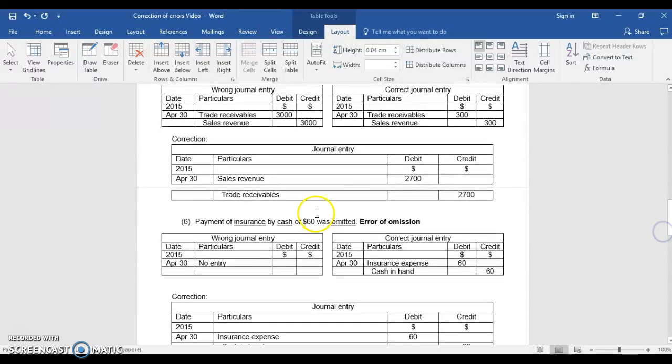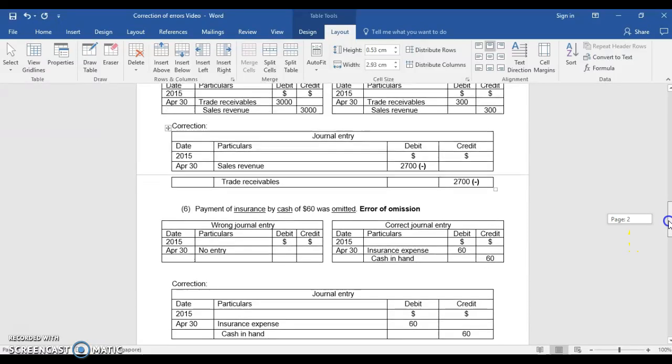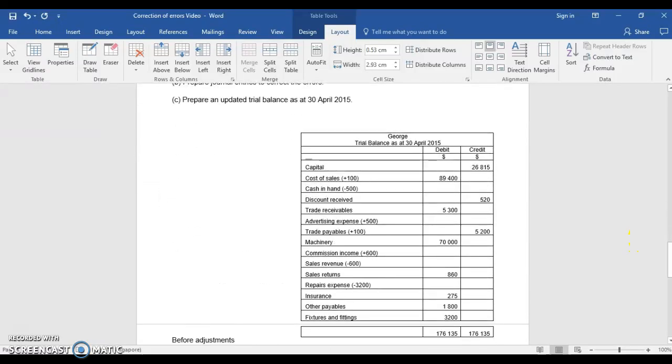Number 5, okay, we debited sales revenue, so the sales revenue being income, we are going to minus sales revenue since we debited it. Trade receivables being an asset, since we credited it, we need to minus it away. So sales revenue, trade receivables, 200. Trade receivables.